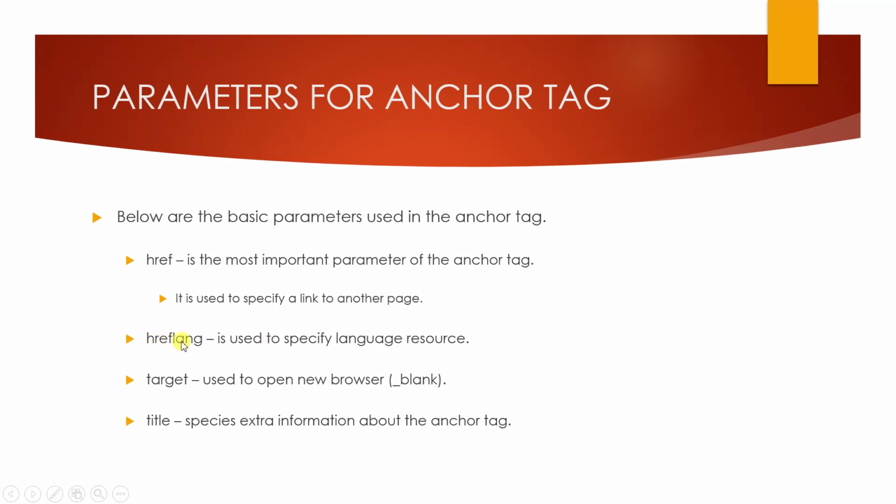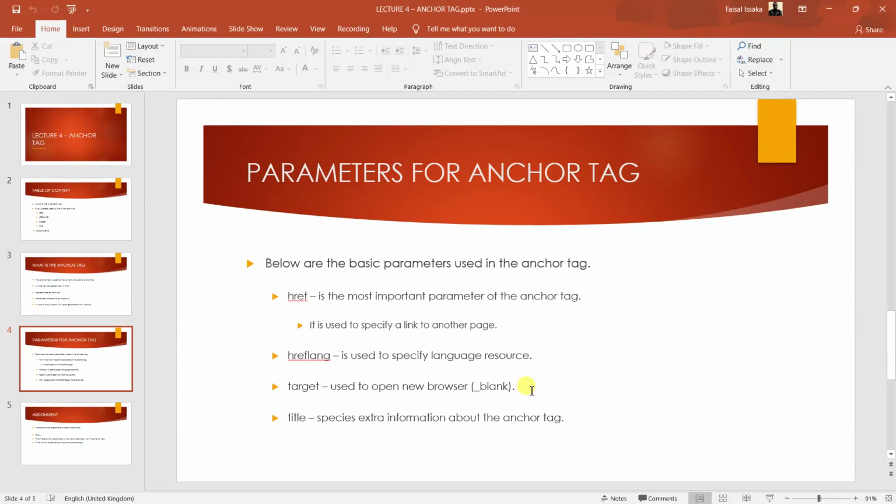The hreflang is used to specify the language resource of that page. And the target is used to open a new browser. So when you want to open a new browser, instead of going to the new page in the same browser, you just use the underscore blank. And the title specifies extra information about the anchor tag.